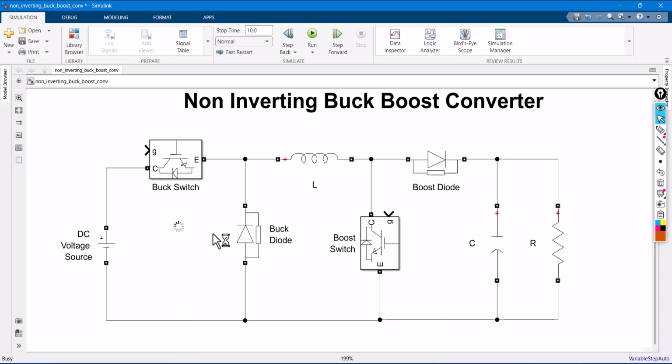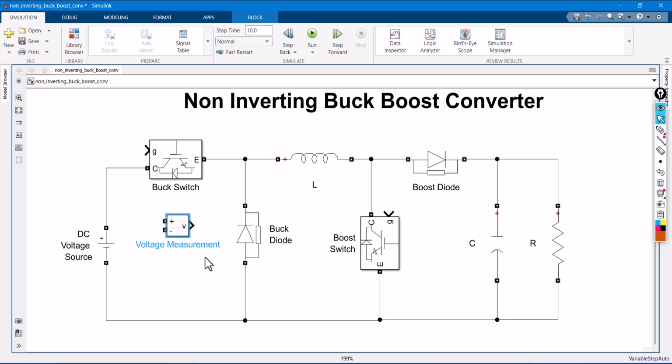I want two voltage measurements because I want to compare both input voltage as well as output voltage. So voltage measurement should be connected in parallel with the input voltage and output voltage. That is the basics of any electrical system.